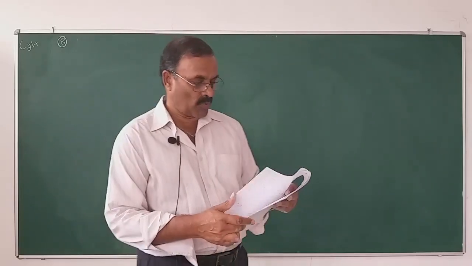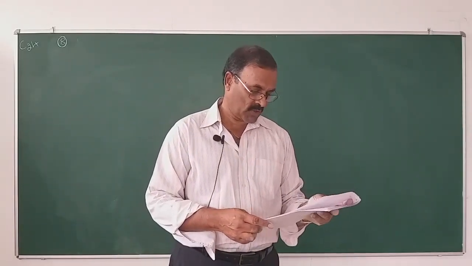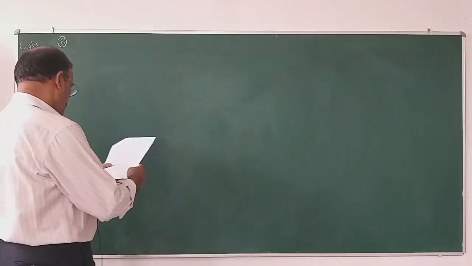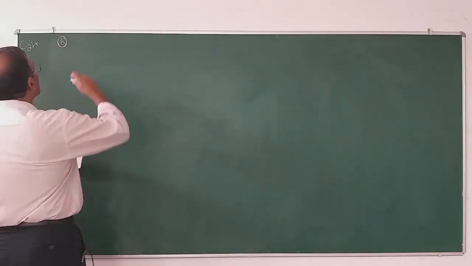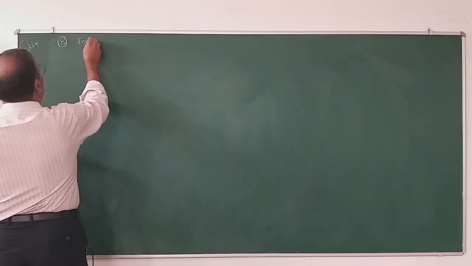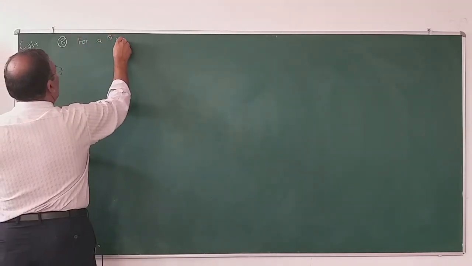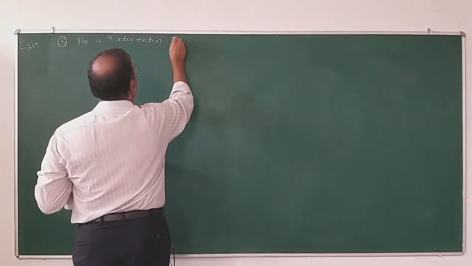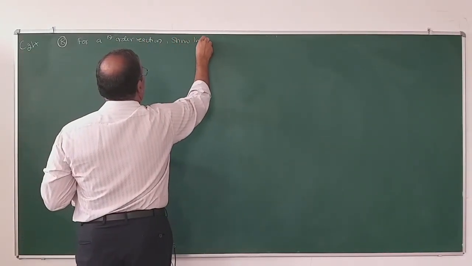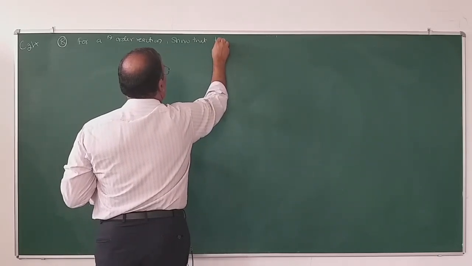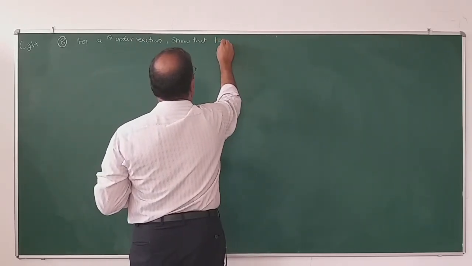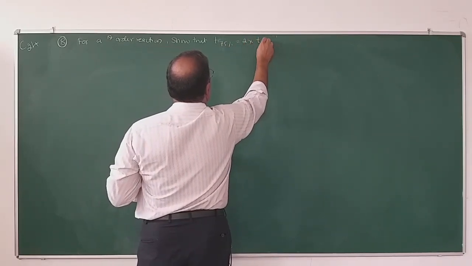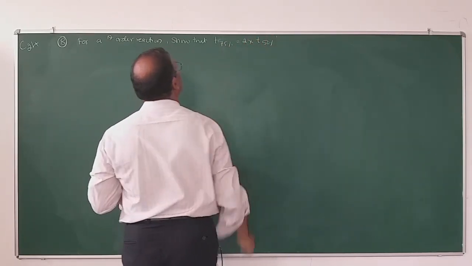A similar problem will be given for your homework. You just make a note of this one. For a first order reaction, show that T 75% equals 2 into T 50%.